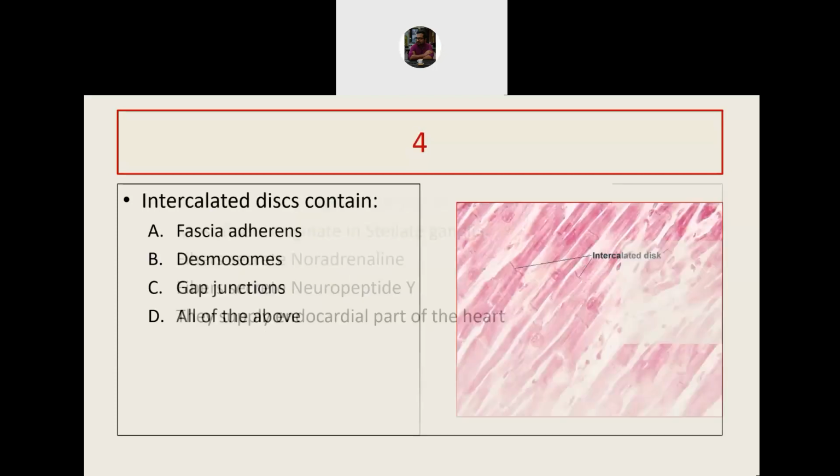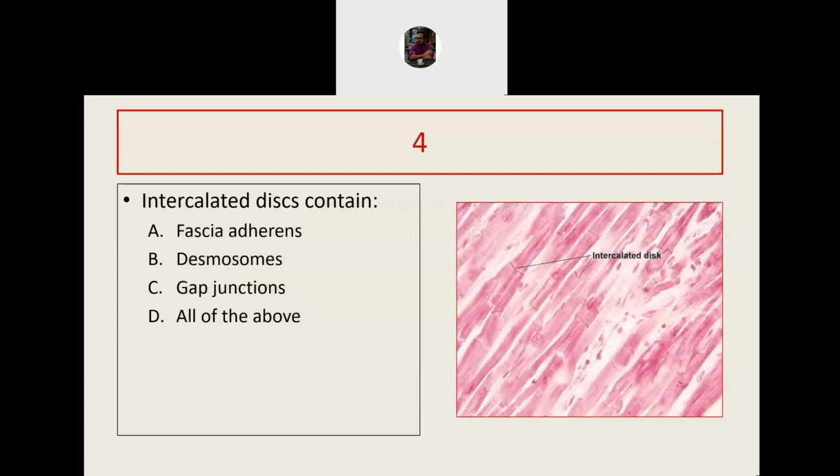Question number 4. Look at the picture very carefully. This is a hematoxylin eosin stained section of the cardiac muscle, and you can see the intercalated discs are labeled.